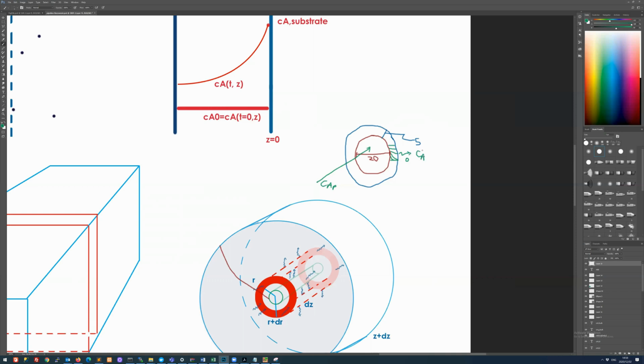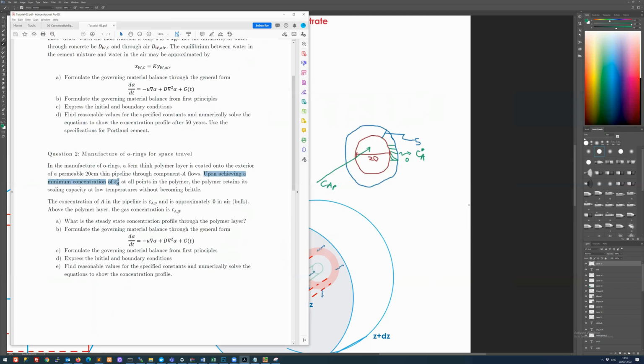How long does it take before we reach A star at this point? That's how we can interpret this text and figure out what the question is. The concentration is 0 there. So okay, that's the problem read. That's all the information given to us.